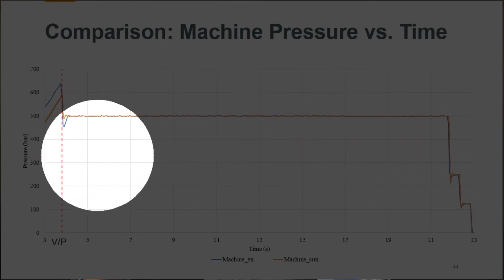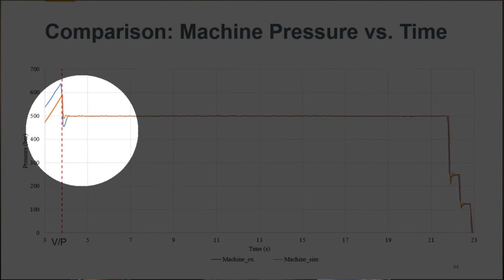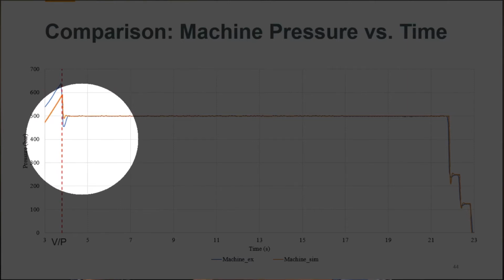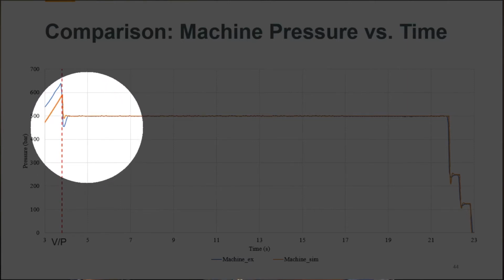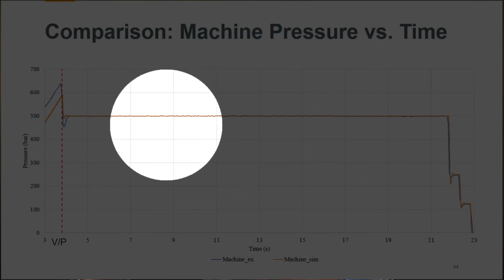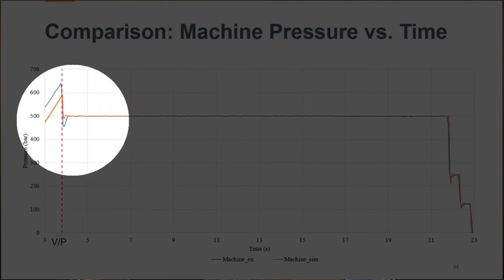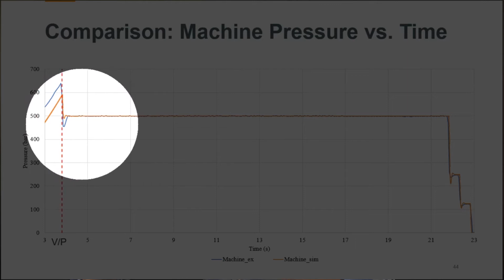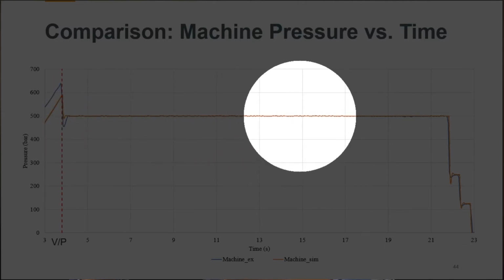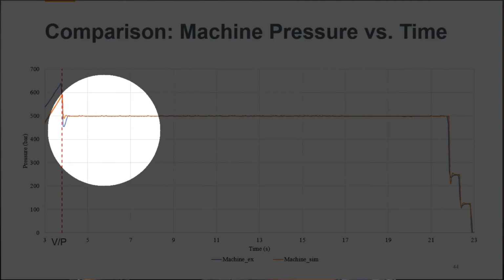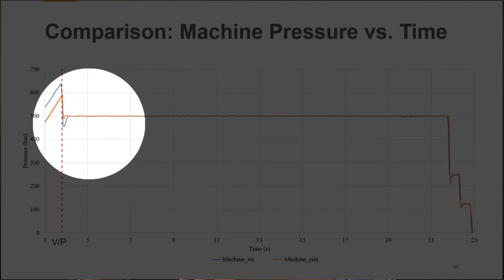If we look at the orange curve, you can see there is a valley over there. It drops down, becomes lower than the setting, and then climbs back up to the user's specified pressure. The blue curve is the machine, and it's the same. There is a valley. So our simulation result can successfully capture this kind of peak and valley behavior.